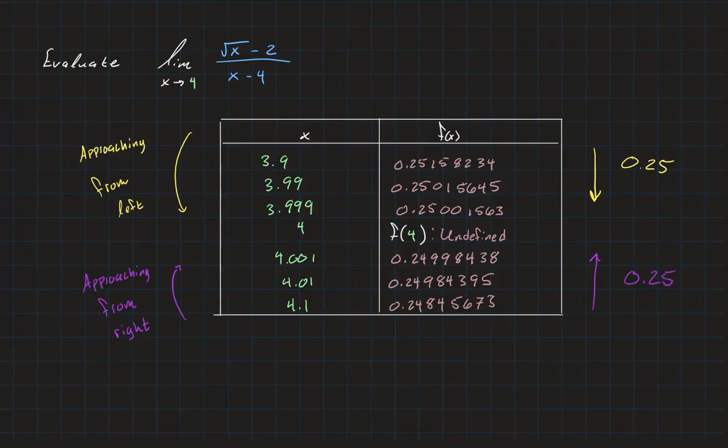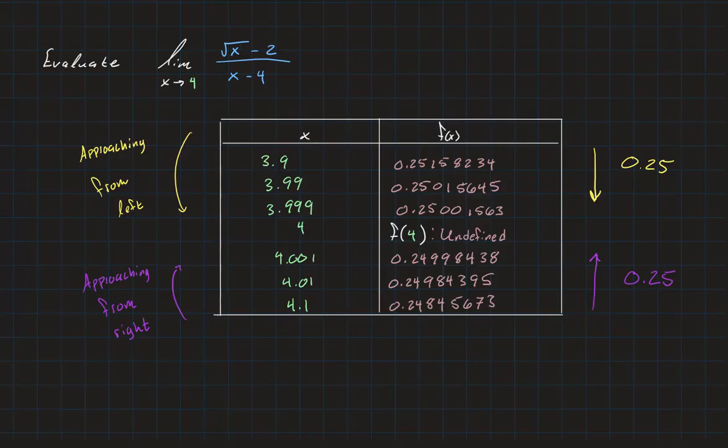And if you're ever not sure, I encourage you to add more values to the table. What happens if I put in 4.0001 or 4.00001? That will give you some more data to look at on this side, and you'll probably see that these decimals are disappearing, and I have just a bunch of 9s getting closer and closer to 0.25. Likewise, on this side of the table, I can add more values approaching from the left.